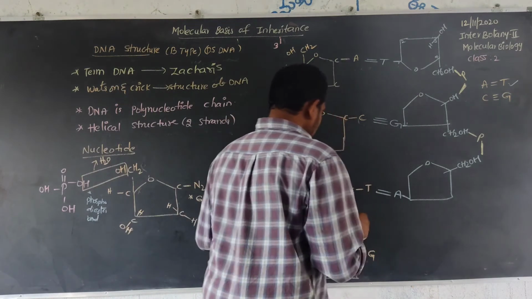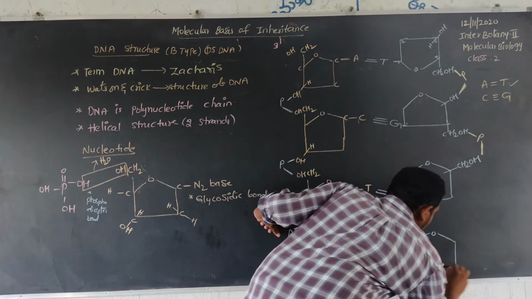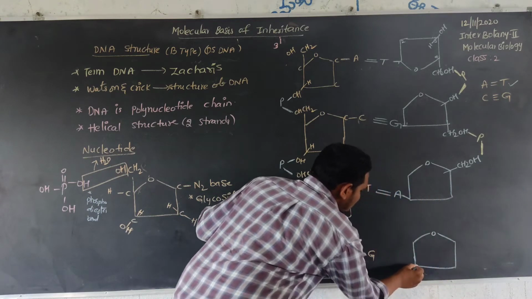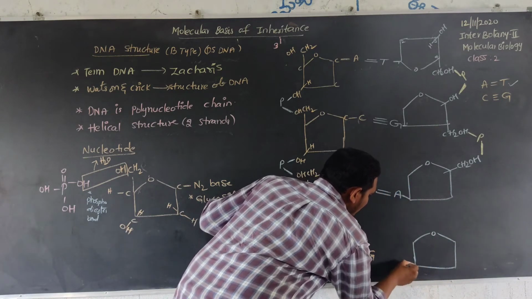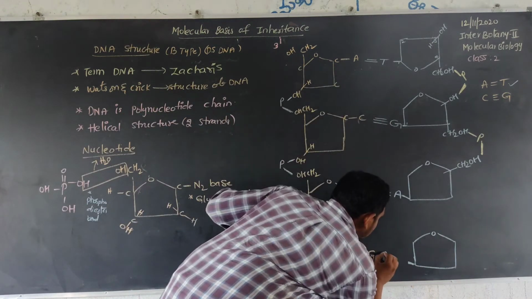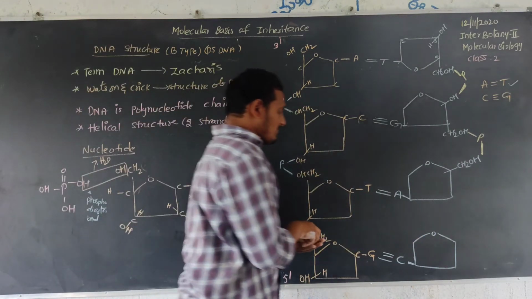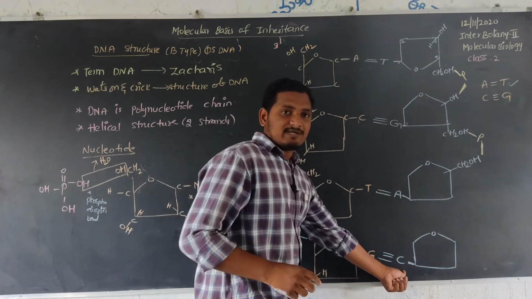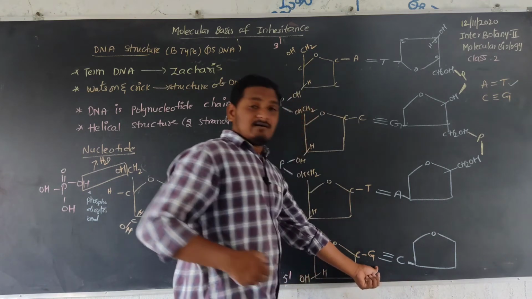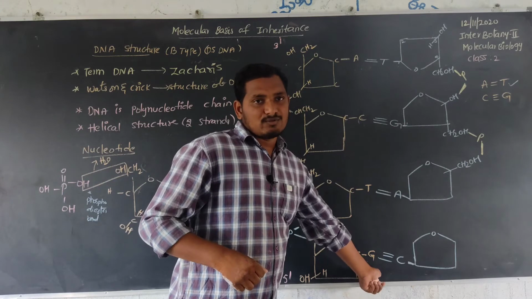Next, another last nucleotide. The first carbon attaches with a nitrogen base. Guanine always binds with cytosine, triple bond, cytosine. So the first carbon attaches with the nitrogen base cytosine and connects with the opposite nucleotide, that is guanine, by the triple hydrogen bond.